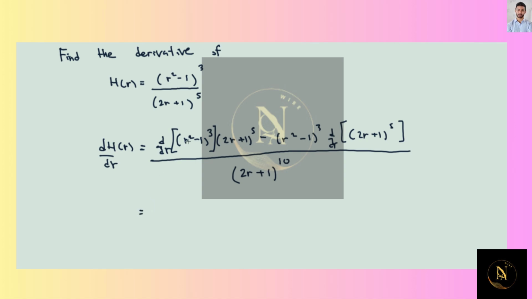So now let's differentiate (r squared minus 1) to the power of 3. This will give us 3 times (r squared minus 1) to the power of 3 times the derivative of r squared minus 1.